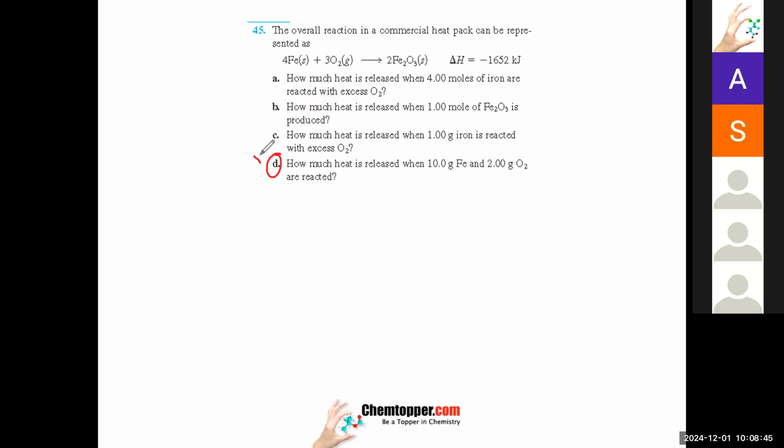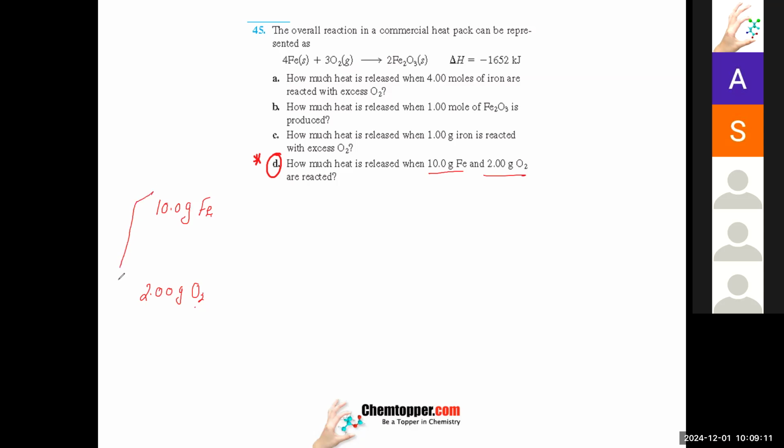Okay, now let's see the D part. This is a very important question. This time, they have given me 10.0 grams of Fe and 2.00 grams of O2. Both the reactants are given.